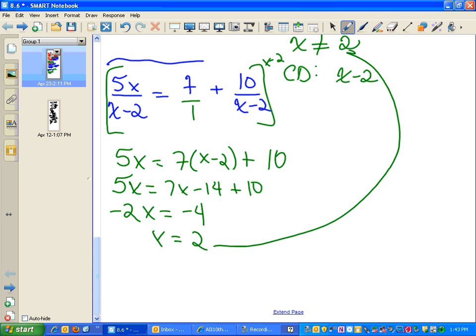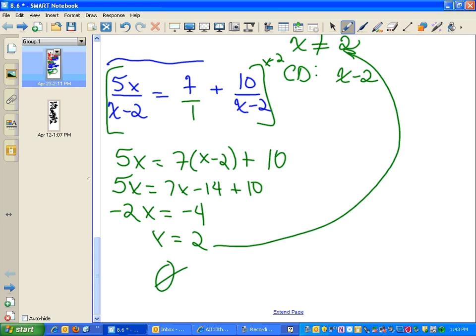We said x cannot equal 2. So that means there's no solution. Sometimes you'll get 2 and maybe one of them won't work because it'll be one of those values that we said couldn't exist.